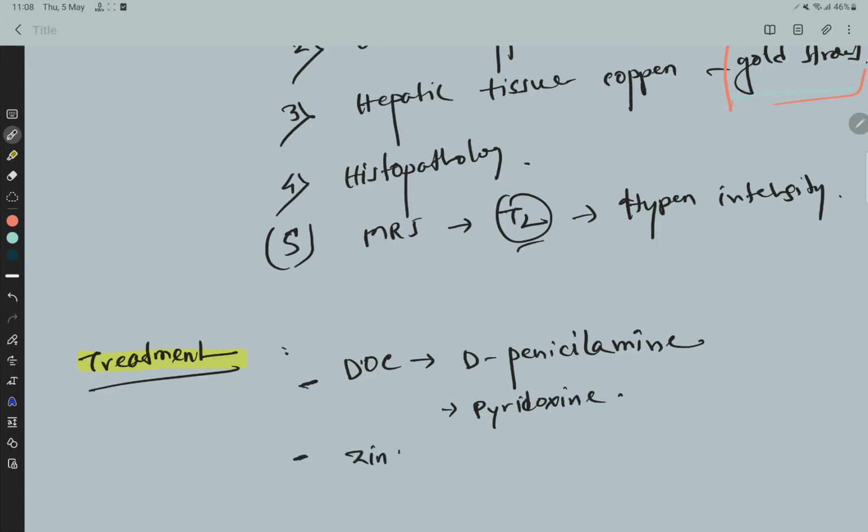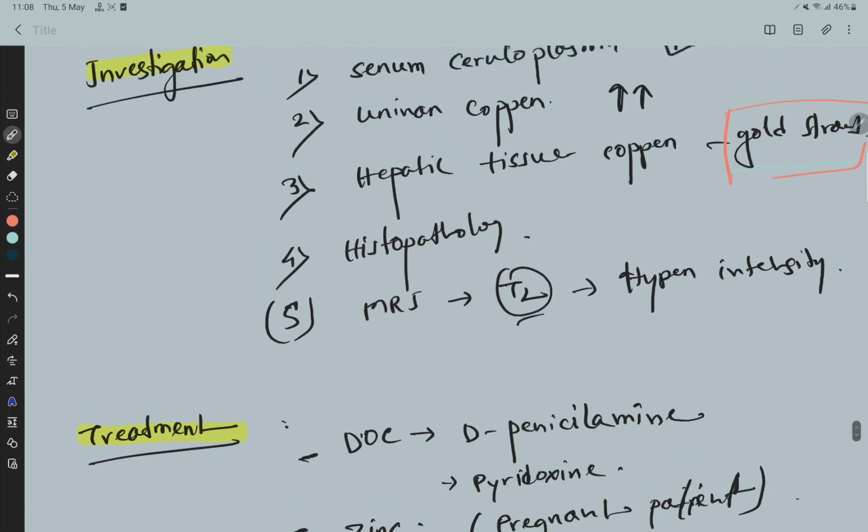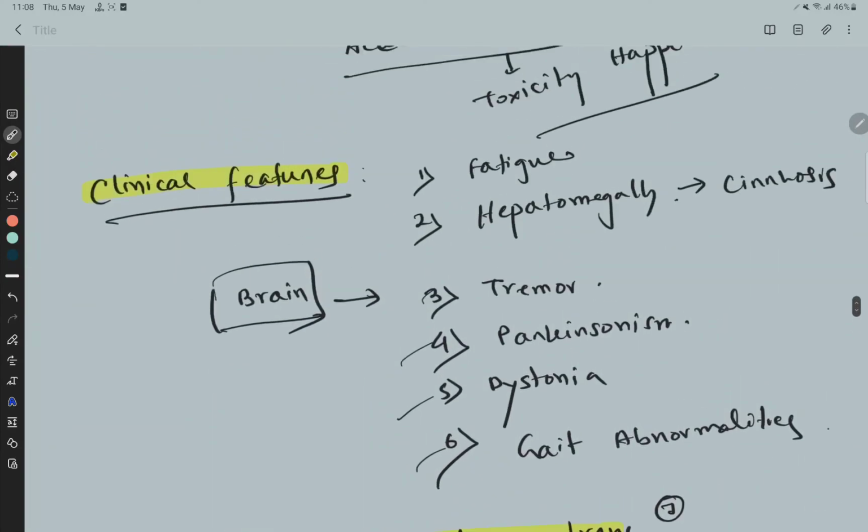Also zinc can be given, and zinc is given in pregnant patients. So this is the treatment, along with other symptomatic treatment.